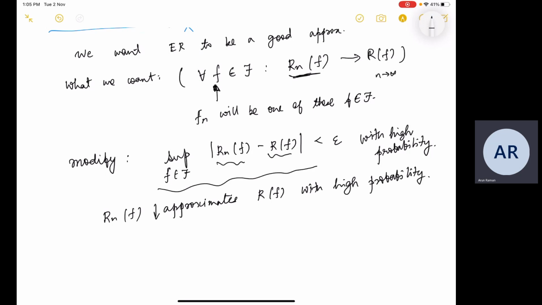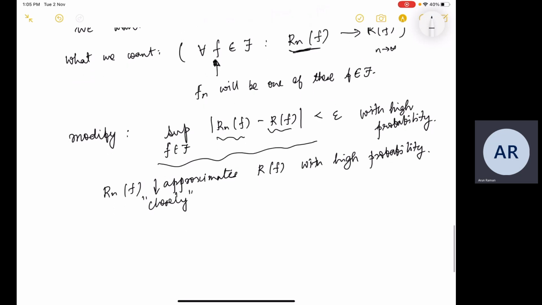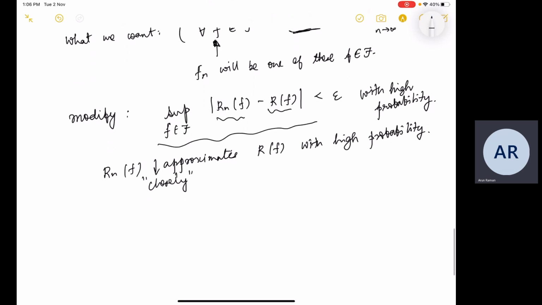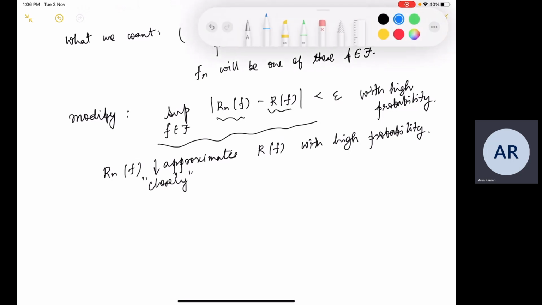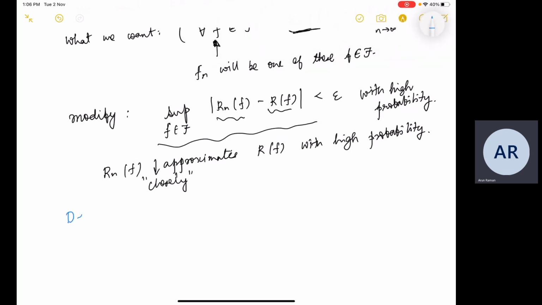We can also say closely approximates. So the empirical risk closely approximates the true risk with high probability. This is the whole idea behind this, and this idea gives us the definition of uniform convergence.